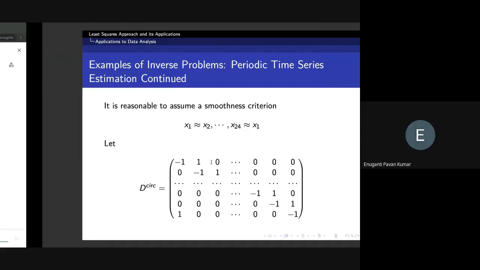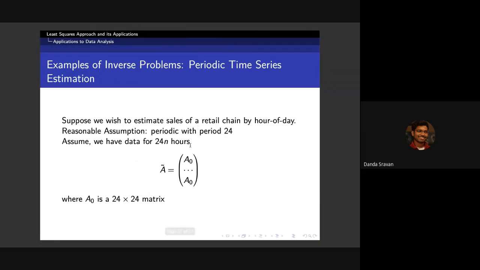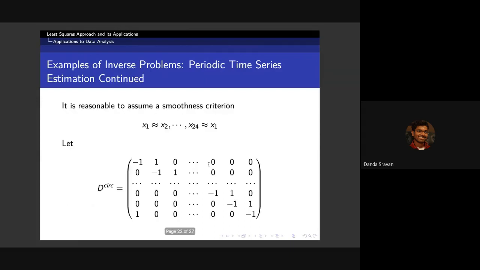Can you just explain this matrix once? Yes. Instead, I can directly try to invert this particular matrix. That's one way to do it. But then I want my solution to satisfy some property which I call a smoothness criterion.